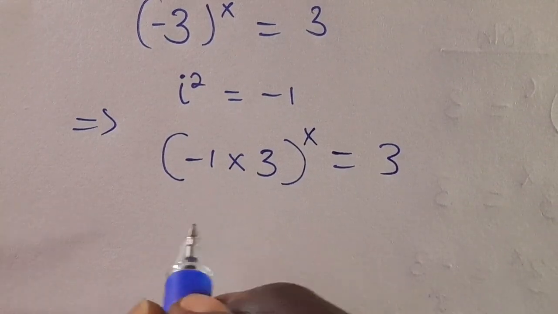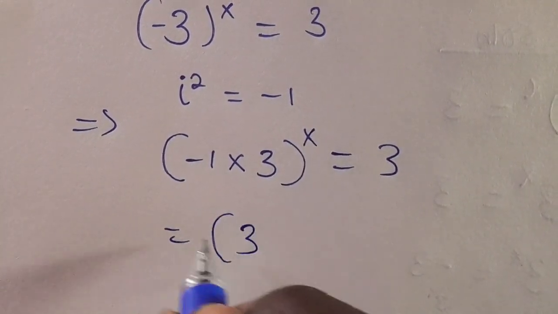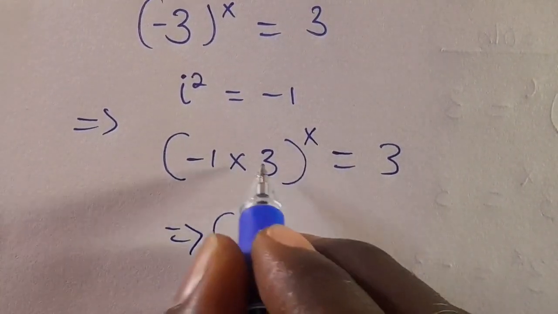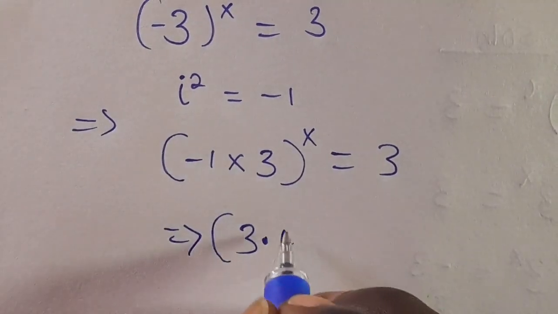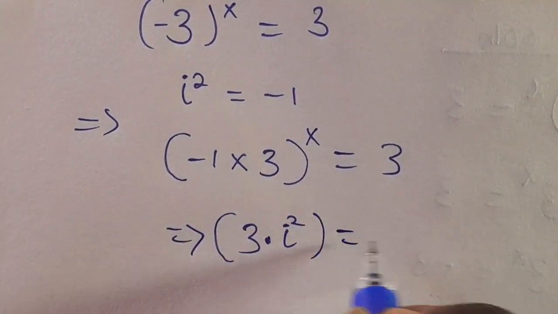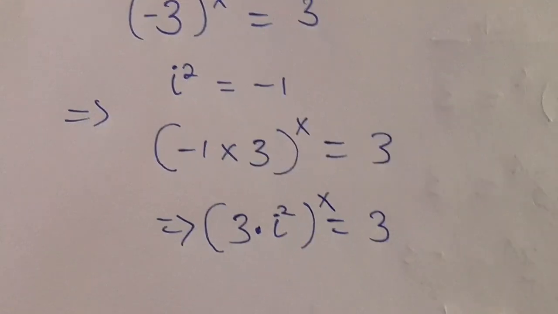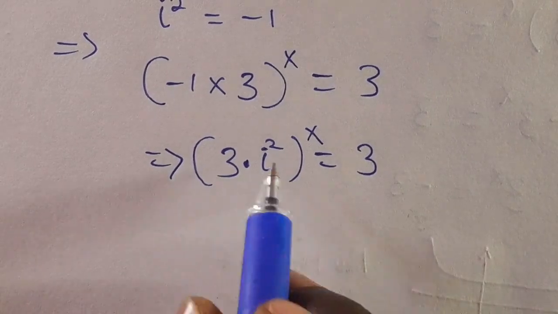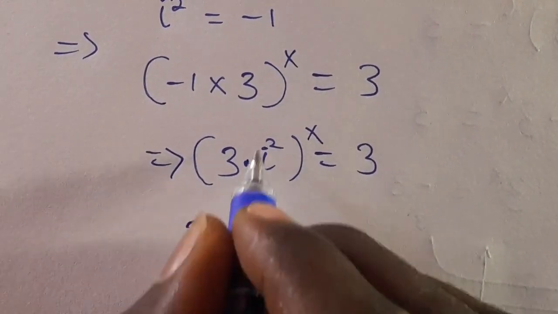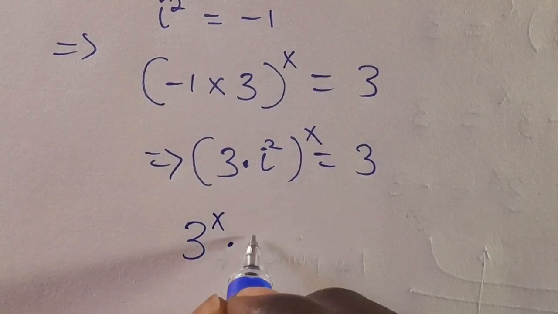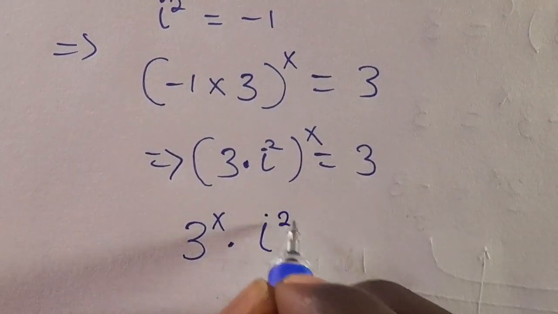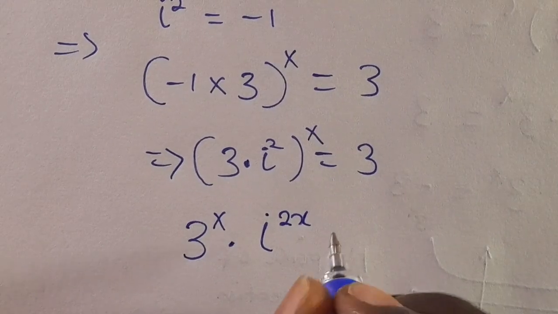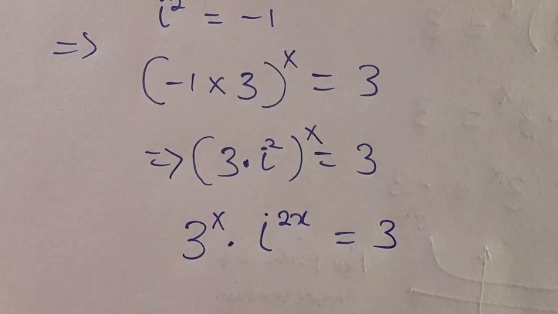So therefore, we can easily have this to be 3, then multiplied by, instead of this minus 1, we replace it with i squared, and everything to the power of x. So we have 3 to the power of x multiplied by i to the power of 2x, then equals 3.